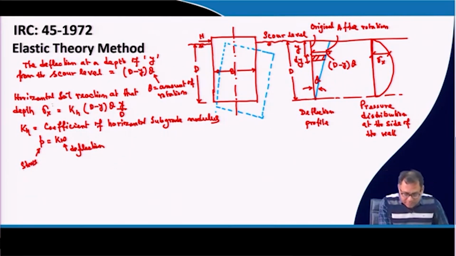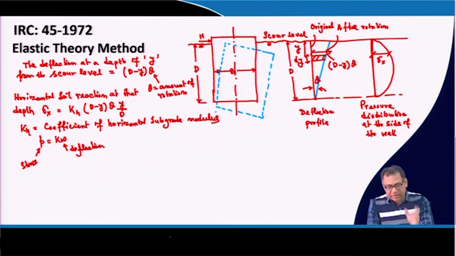K is the modulus of subgrade reaction. So, here also k h is the modulus of subgrade reaction and (d minus y) into theta is the amount of deflection. So, if I multiply deflection with the coefficient of horizontal subgrade reaction, then I will get the stress.